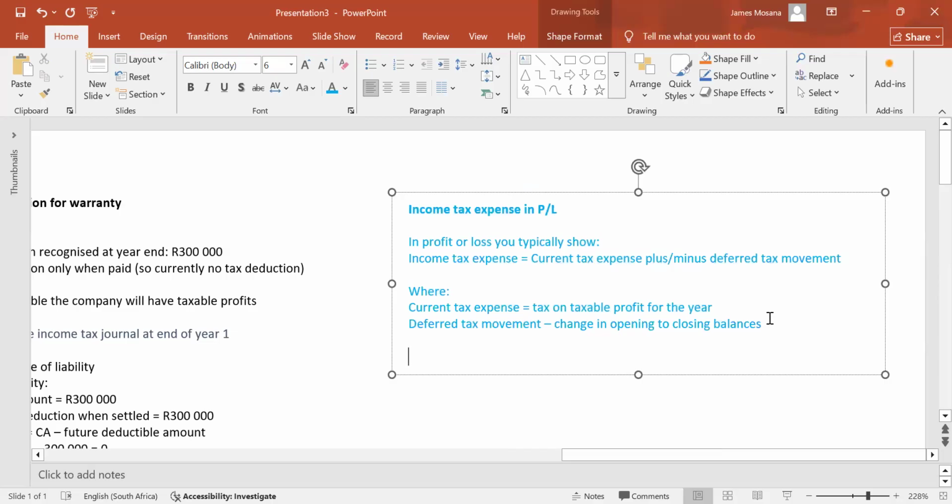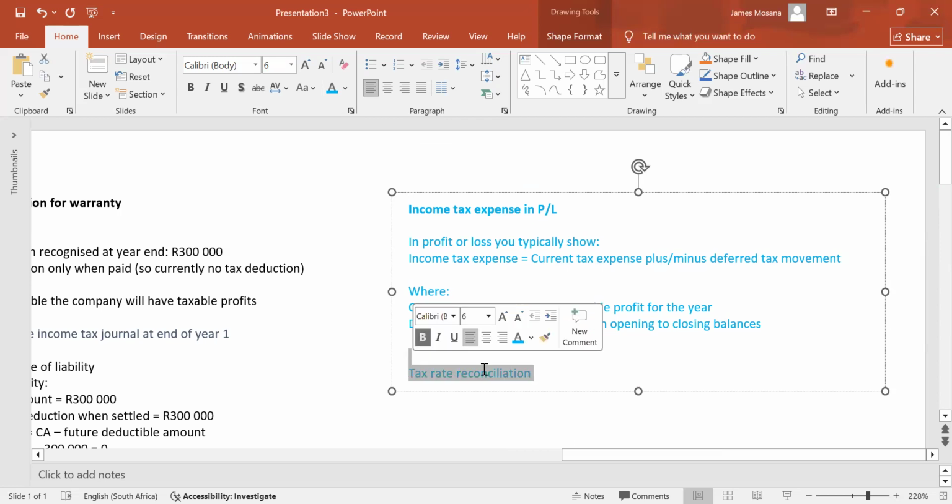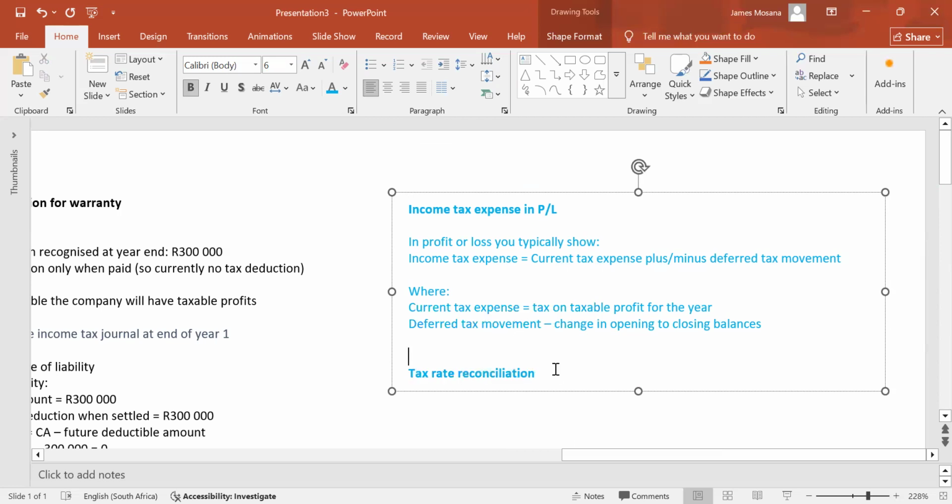Okay, so now we also have what we call a tax rate reconciliation. Now, IAS 12 is the particular standard that we are dealing with. So IAS 12 requires a reconciliation between the following.